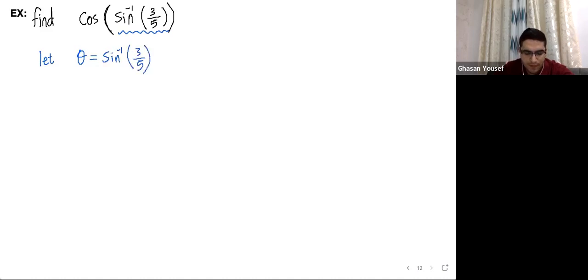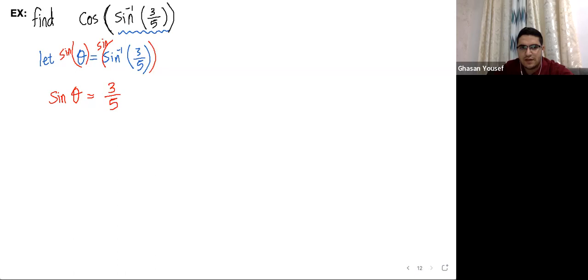First of all, you have to take the sine of both sides. When you take the sine of both sides, you will get sine of theta equals 3/5. Why?